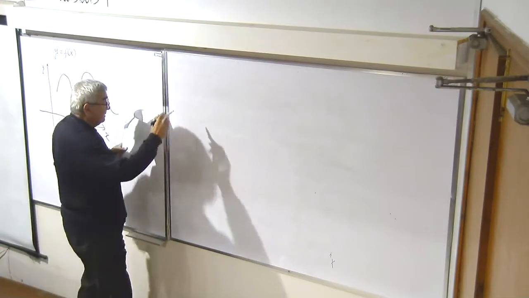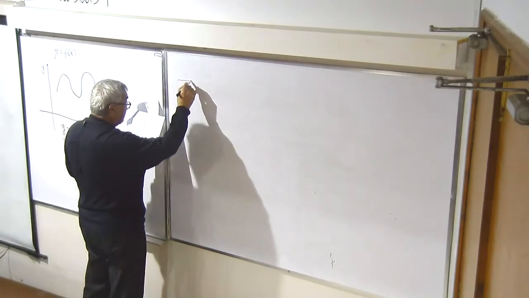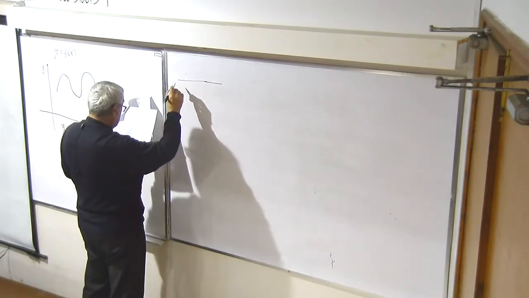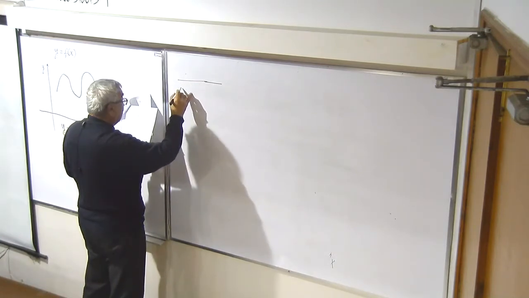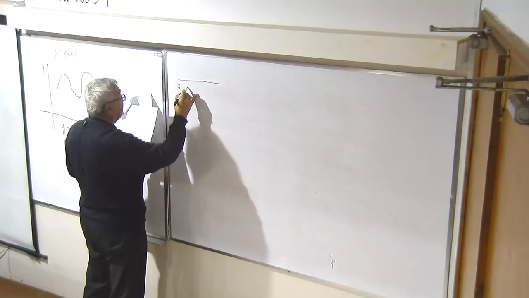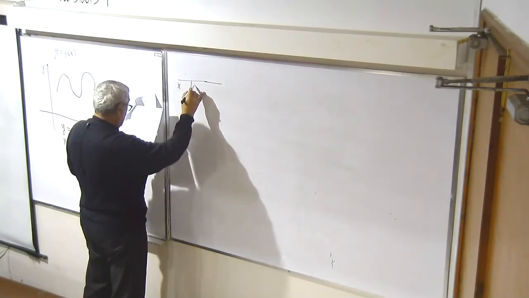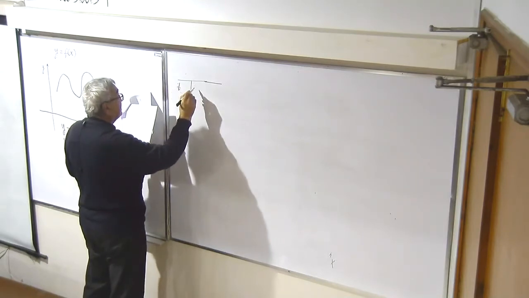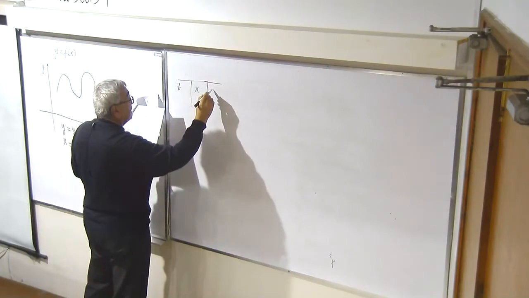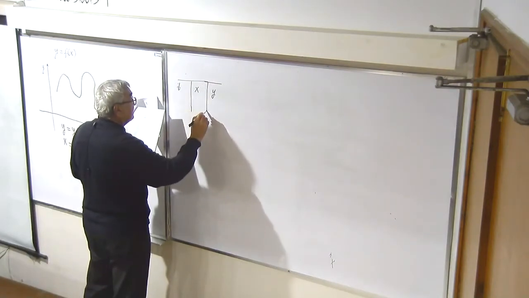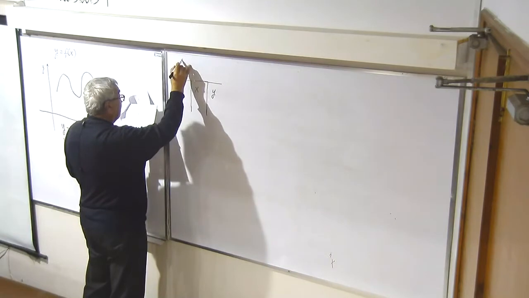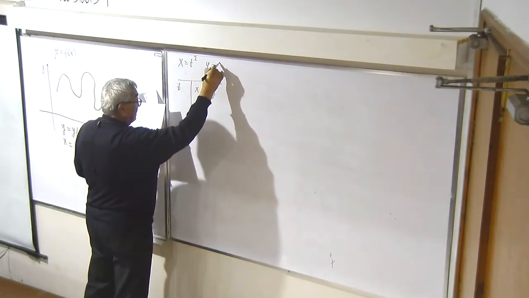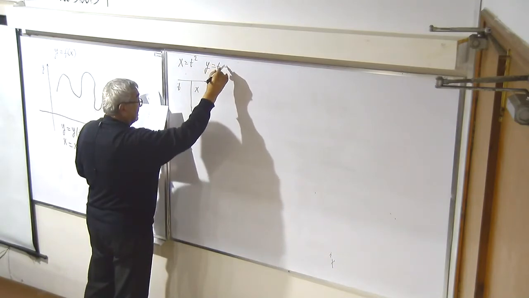We make a table like this. Here is t, here is x, and here is y. Here x equals t squared and y equals t plus 1.